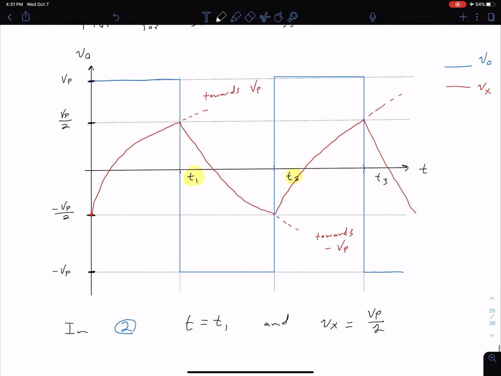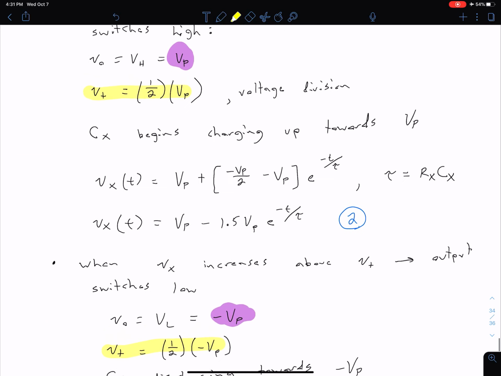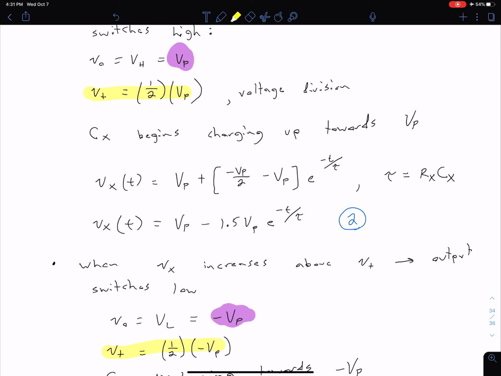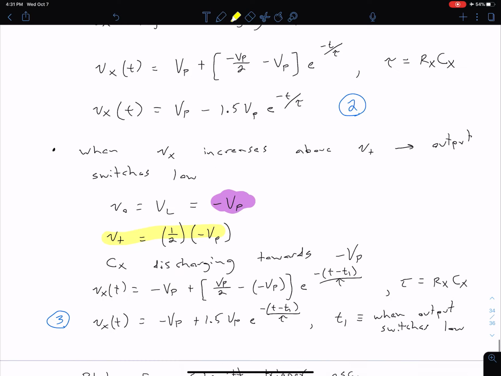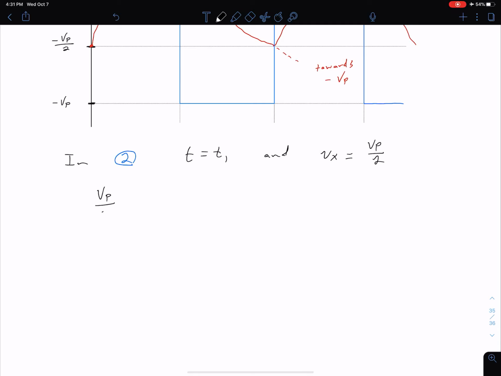We can see that from the graph right here, and we can also see that from our conditions up here. When we're charging up, we know that once we hit this Vp over 2 point, that's where we switch and we'll be discharging. But that occurs when we have Vp over 2. Okay, so if we plug that into our equation 2, what we have is our voltage is Vp over 2, and our equation says that's equal to, in general, Vp minus 1.5 Vp.